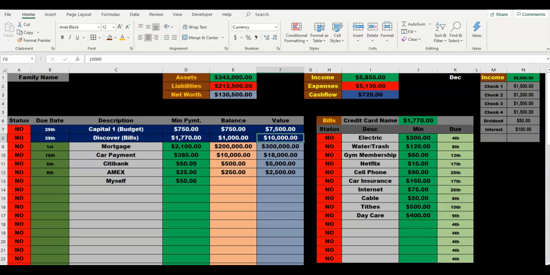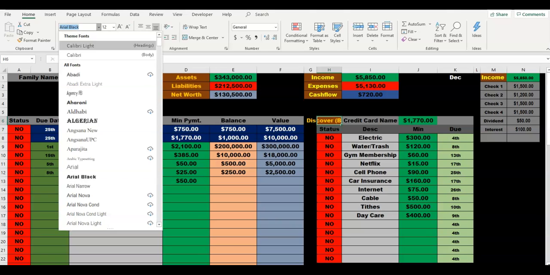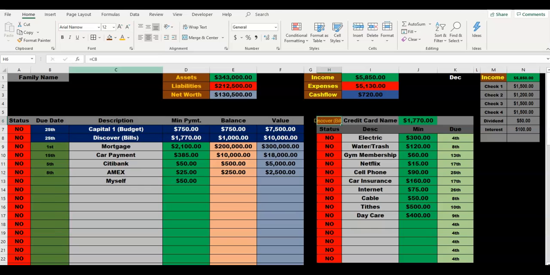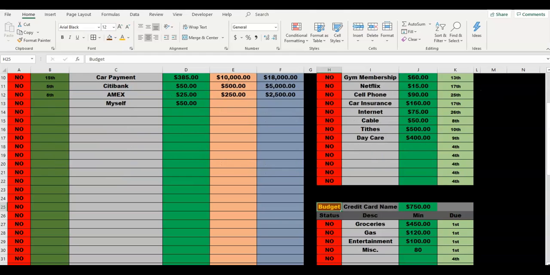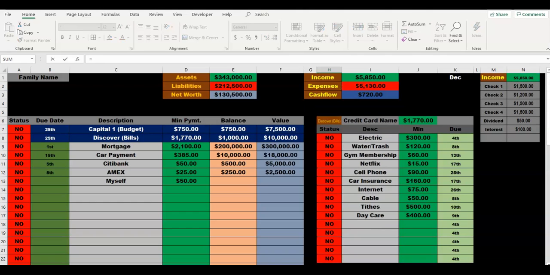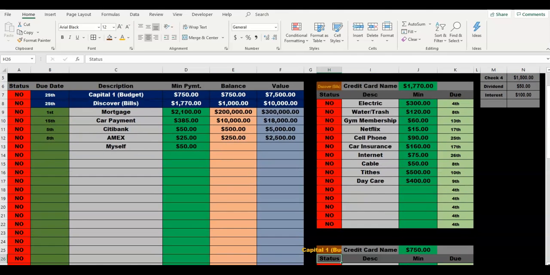Now the next step is you need to put all of these on autopay. And what card are we using? Oh, you need to change this. This will equal whichever one you're using for that. And your budget card is going to equal this, so that way you know the name of it.